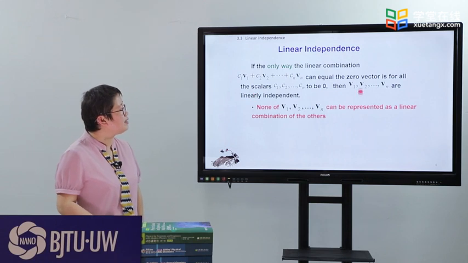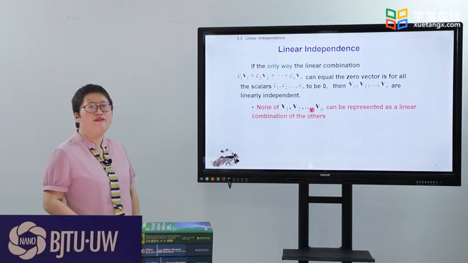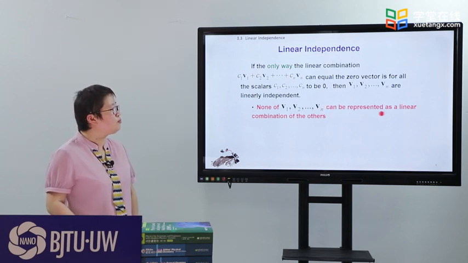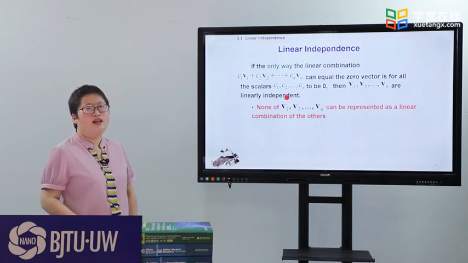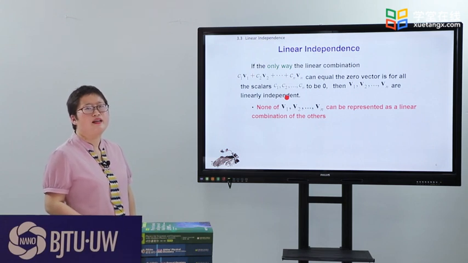So linearly independent means that none of v1, v2 till vn can be represented as a linear combination of the others. So every vector here is necessary.